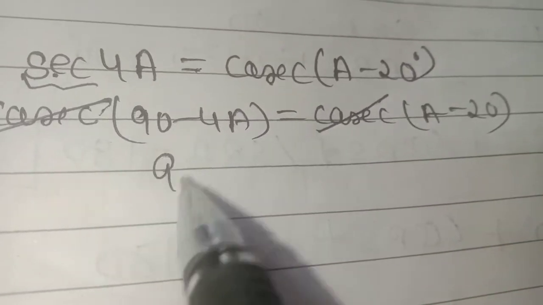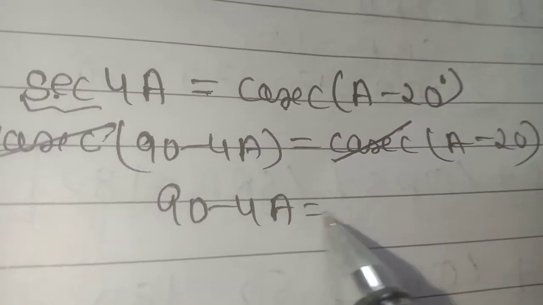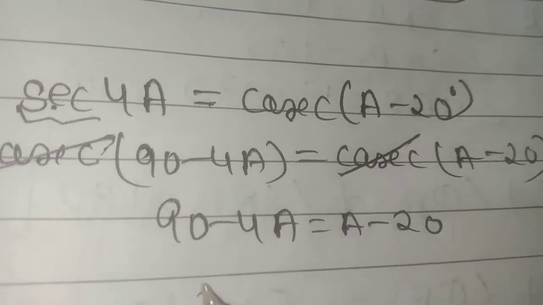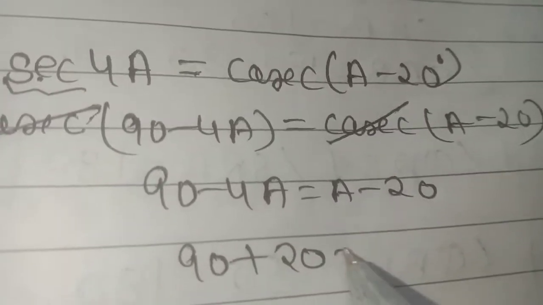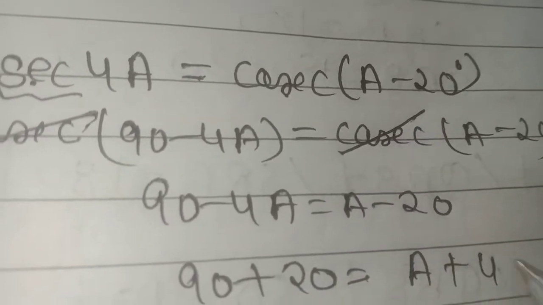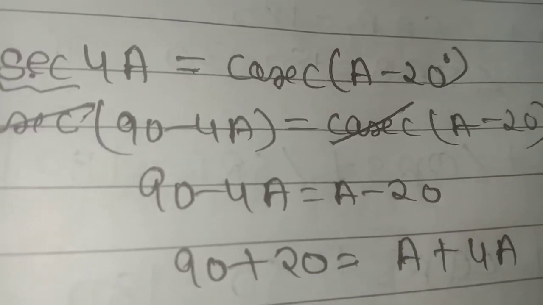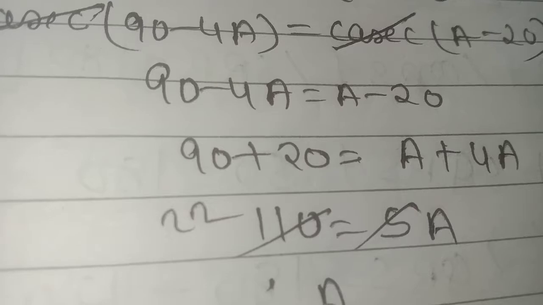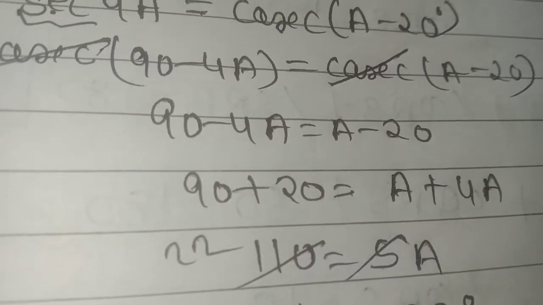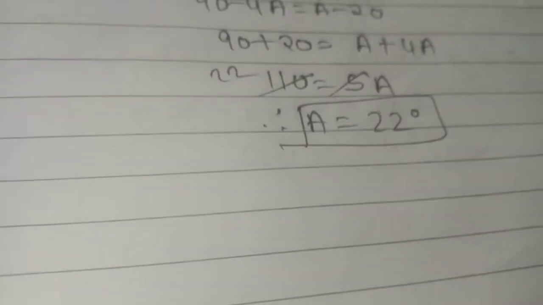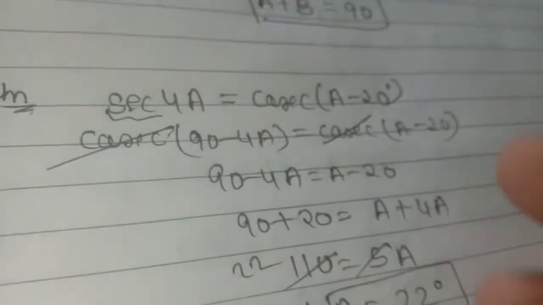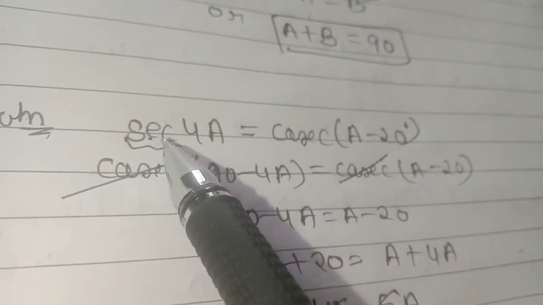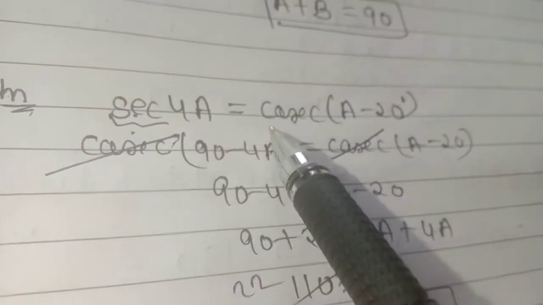So it is 90 minus 4A is equal to A minus 20. So 90 plus 20 is equal to A plus 4A. 110 is equal to 5A, A is 22. Therefore A is equal to 22 degrees. Clear? So this is the way to solve such types of questions when different complementary trigonometric functions are given. Clear?